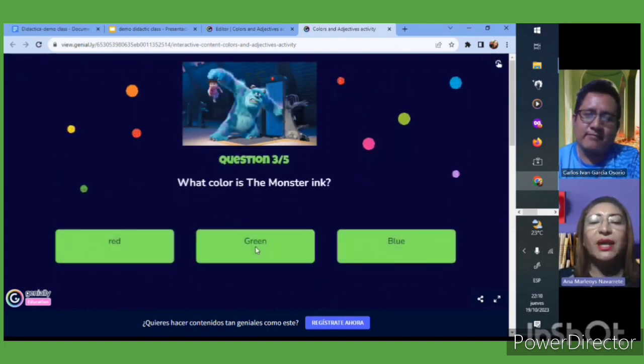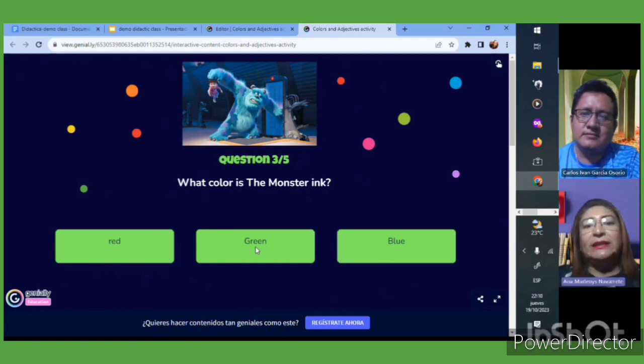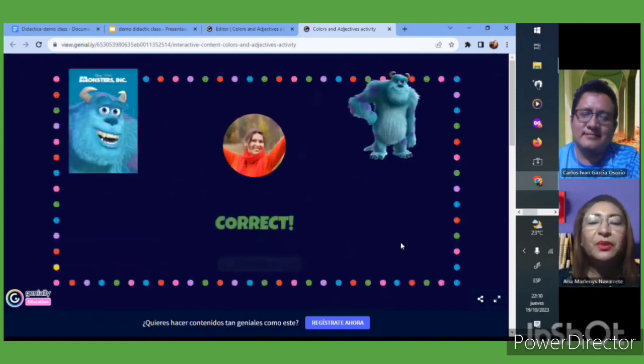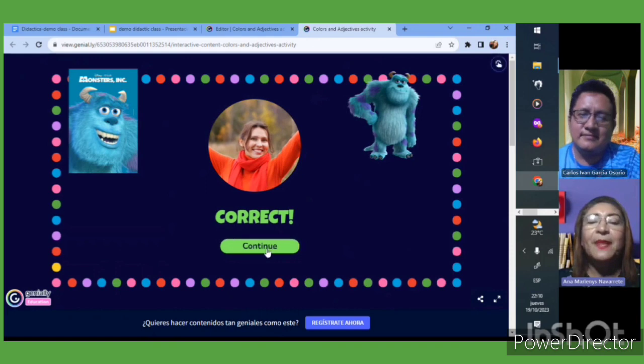What color is the monster? They have to answer. And also, can you do the mimic of the expression on his face? It is like scared. And also the color, and they have to answer and then continue with the next activity.